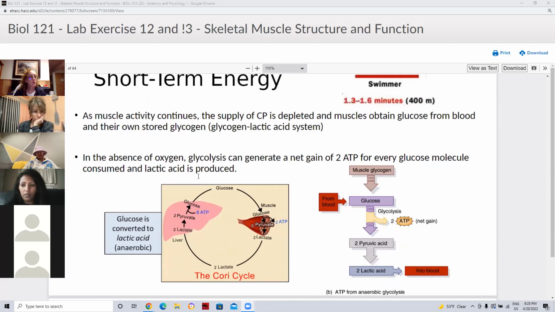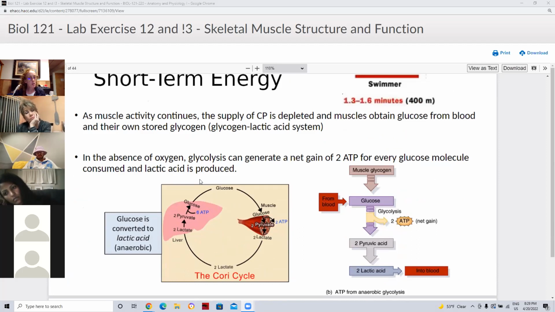In the second one, the muscle will also use whatever glucose stores it has and whatever glucose it can obtain from the blood. But without oxygen, you can only produce 2 ATP from every glucose molecule.